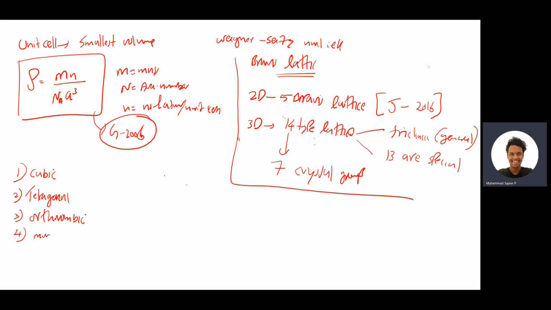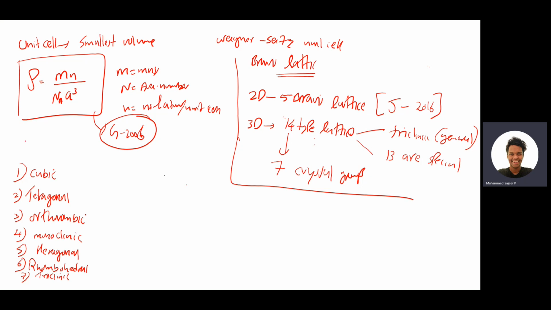Then monoclinic. Fifth is hexagonal. Sixth is rhombohedral. I'm sure most of you have studied these even in your plus two, right? And the last is triclinic.